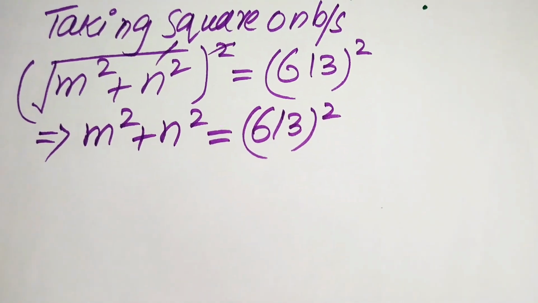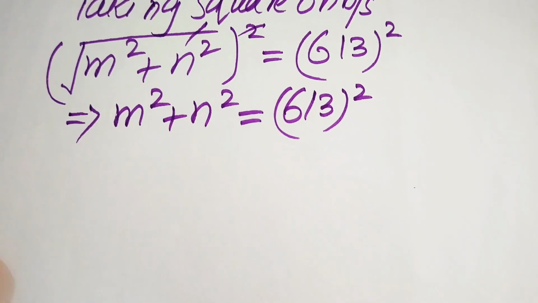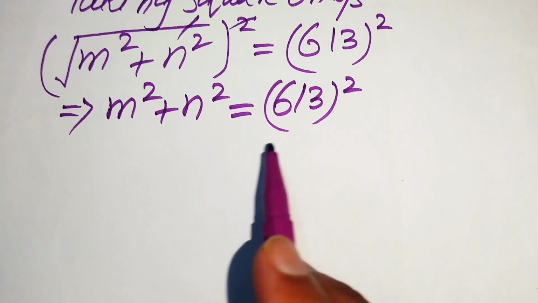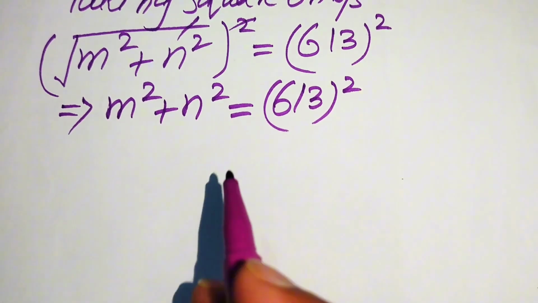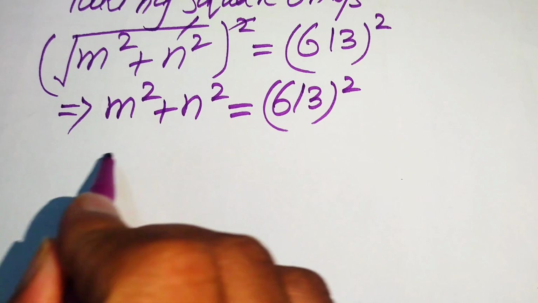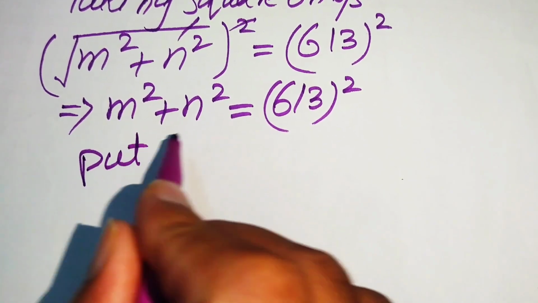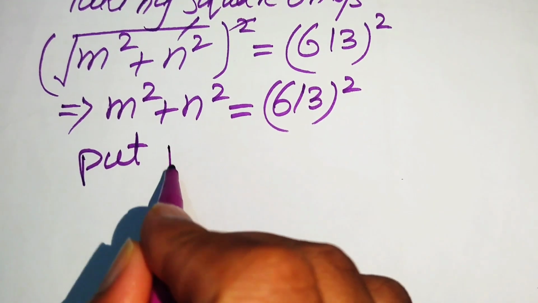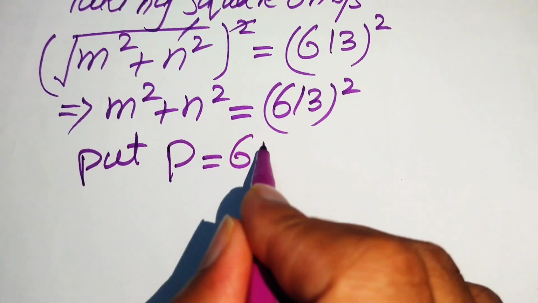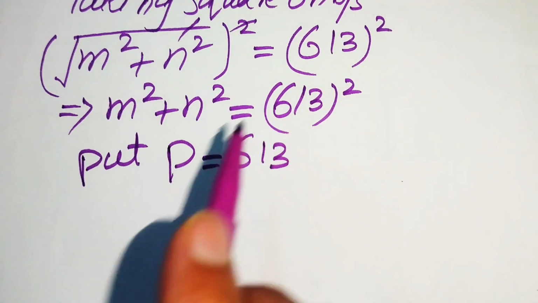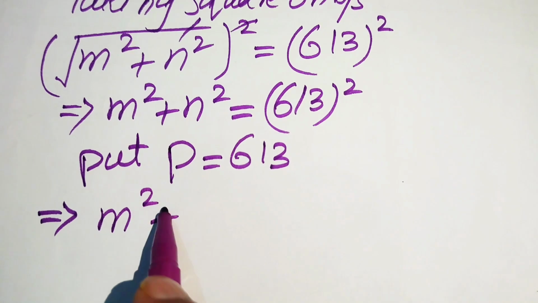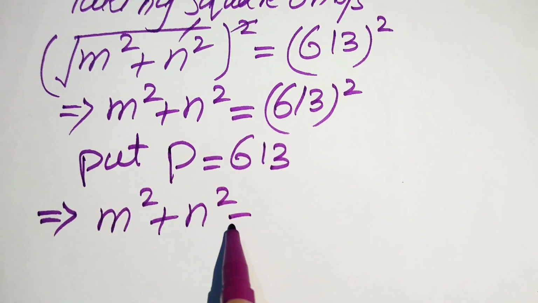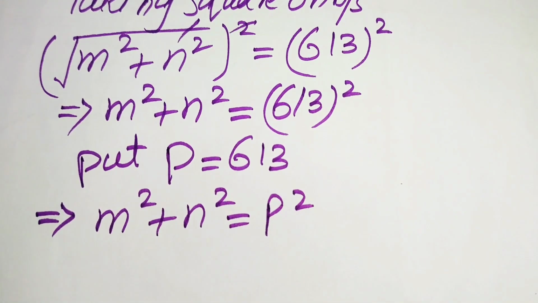First we take this value 613 equals p, and then our above equation becomes m square plus n square equals p square.